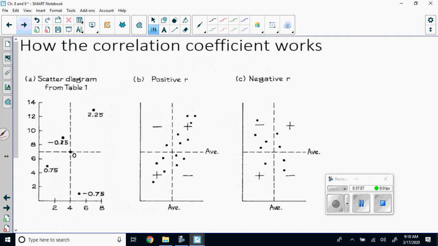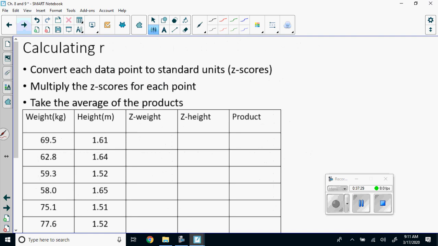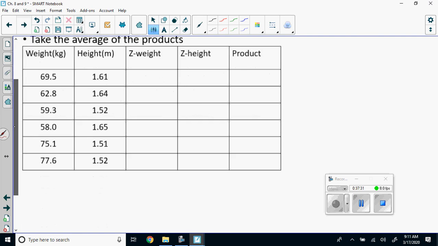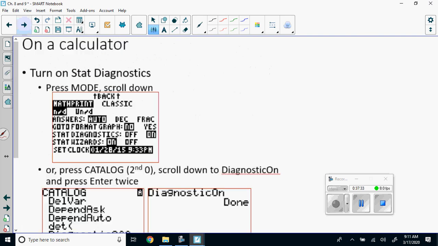This shows you more of what's going on there. Basically, the correlation coefficient takes all of these points and how far away from the average they are, and averages them out to be 0. So you can see that more specifically here. You don't need to know those details really though. This one wants us to actually go through and calculate it by hand. I don't want to, that's a waste of our time.